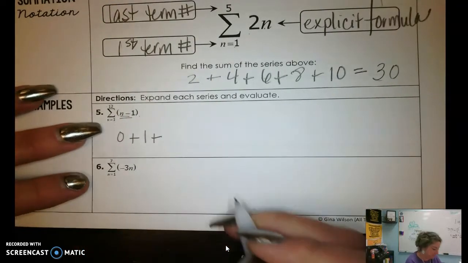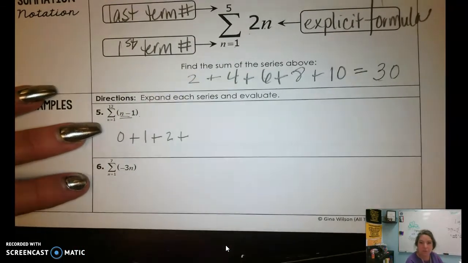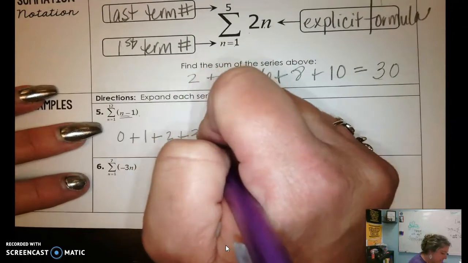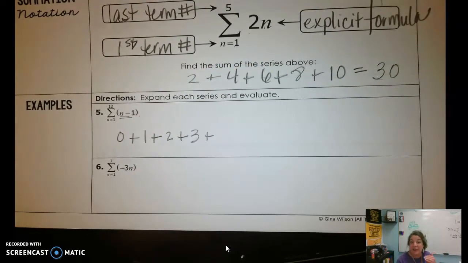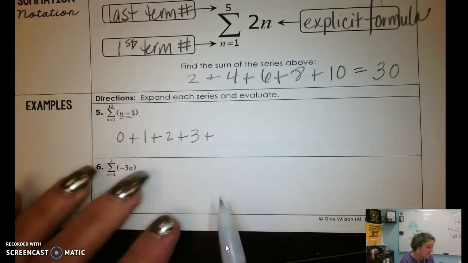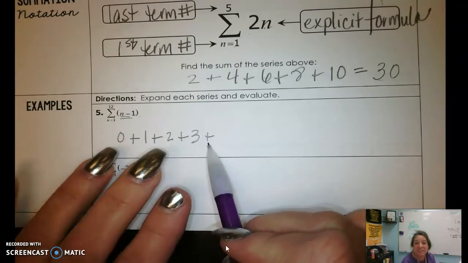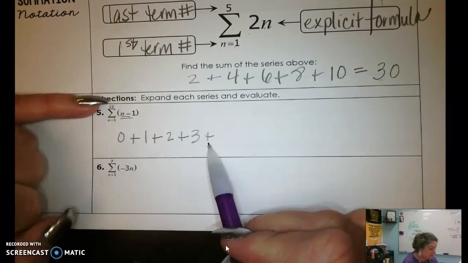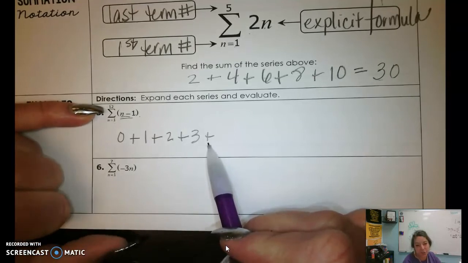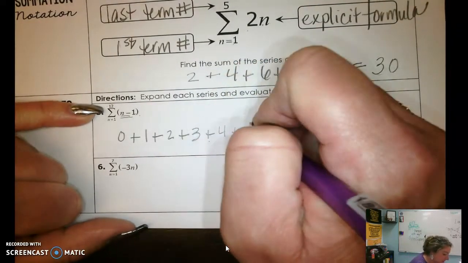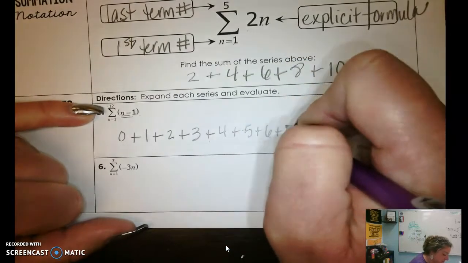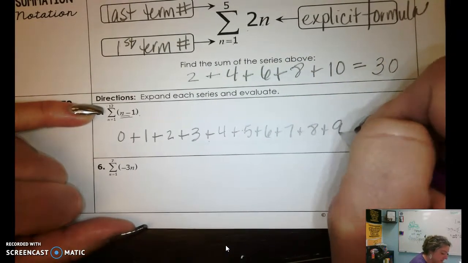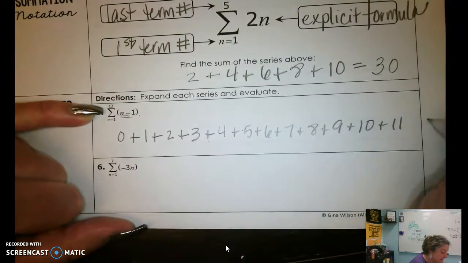Let's put in a 3. 4. Most of the time, you start to see that pattern and you can just kind of go with it. What you need to be careful about is where to stop. So when is the 12th term? The 12th term for this one is actually going to have us stop at 11.